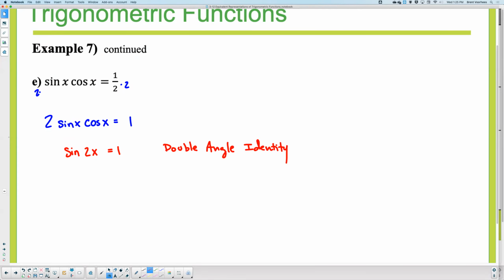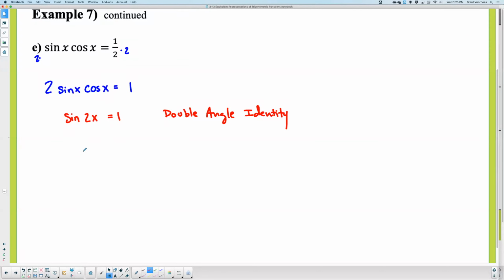Now, once you have the trig function isolated, I think at that stage is when I would recommend you use a unit circle to solve for your solutions. We want sine to be 1. Sine is which letter? Y. Okay, so technically what I should do is write that 2x.